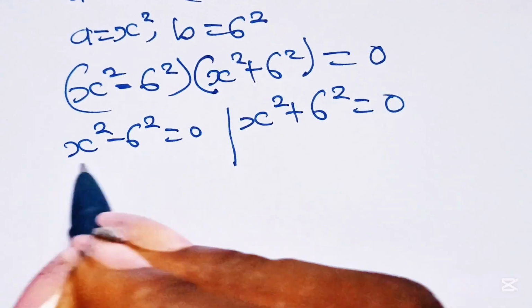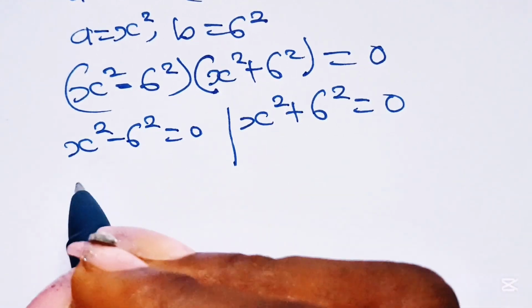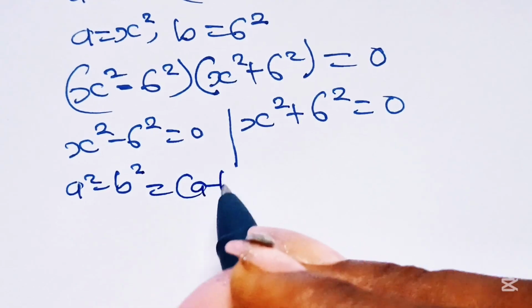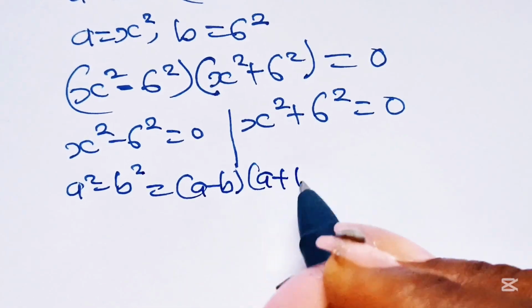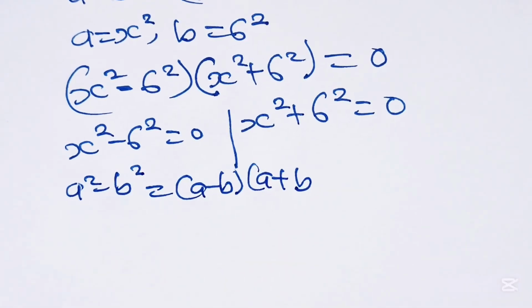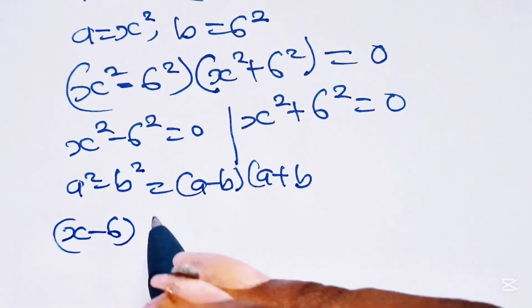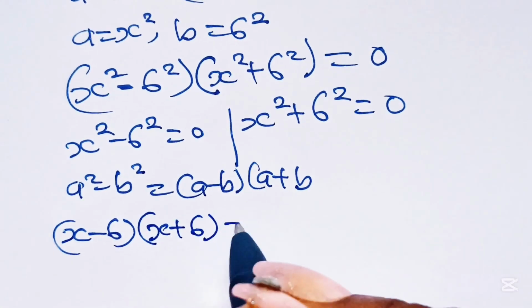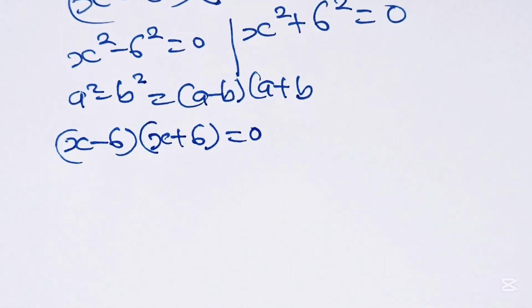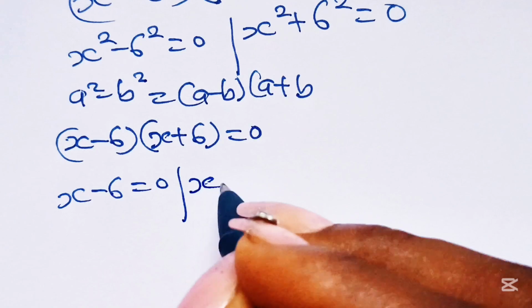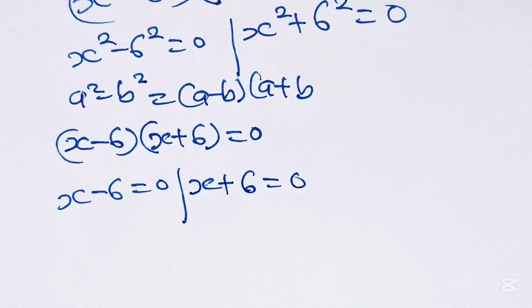So we have from here x squared minus 6 squared, which is the same thing as a squared minus b squared, right? Which is equal to a minus b multiplied by a plus b. So we can evaluate this as x minus 6 multiplied by x plus 6 is equal to 0. So we have x minus 6 is equal to 0, and x plus 6 is equal to 0.